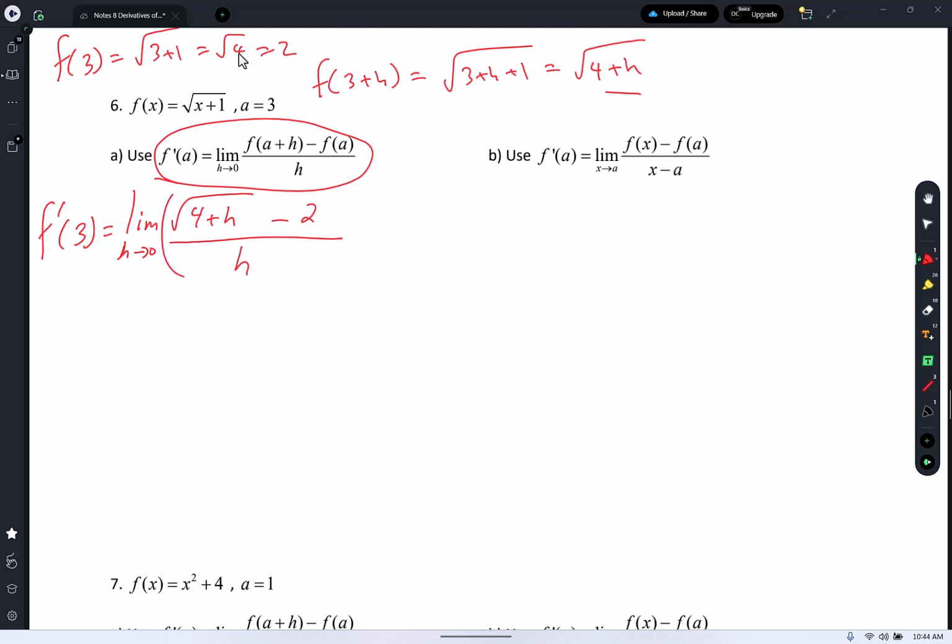You can't do direct substitution. Right now you get 0 over 0 if you do that. Which, remember, if you get 0 over 0, there's a 99.9% chance it has a limit. What's making this difficult, the numerator or the denominator? The numerator. So multiply this by square root of 4 plus h plus 2, over square root of 4 plus h plus 2.